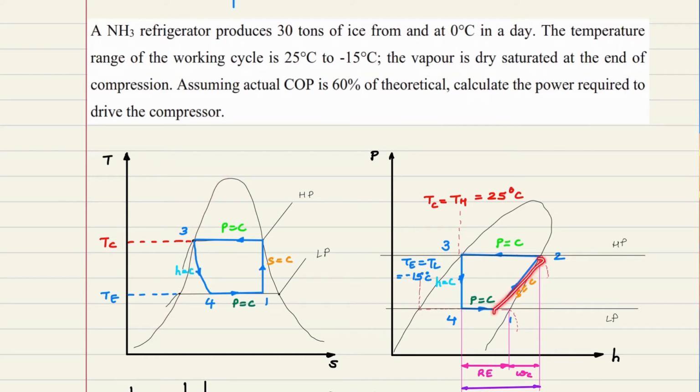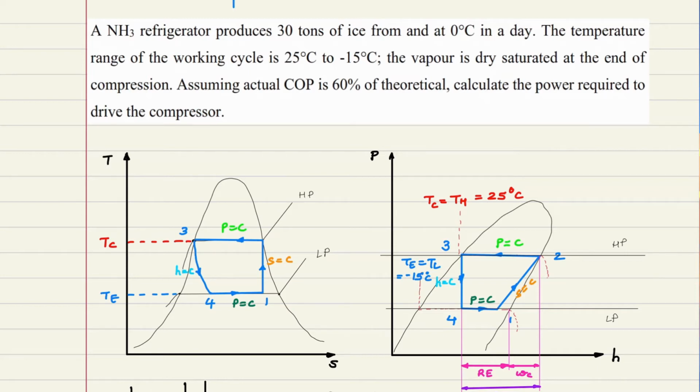So we have drawn the pH and TH diagram. Now after drawing this, we have to calculate the enthalpy of all the points. Since point 1 is in the wet region and we don't have the dryness fraction, on the pH diagram which we use, we have to use the table method here.